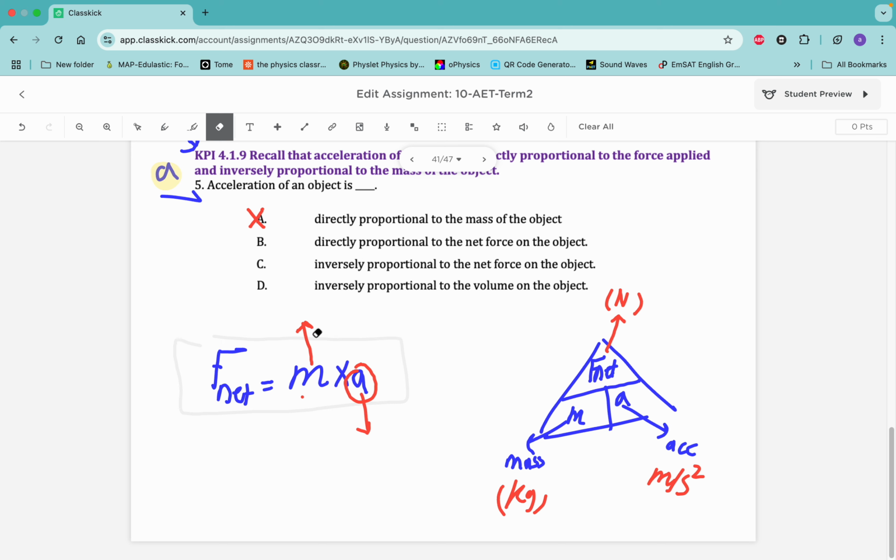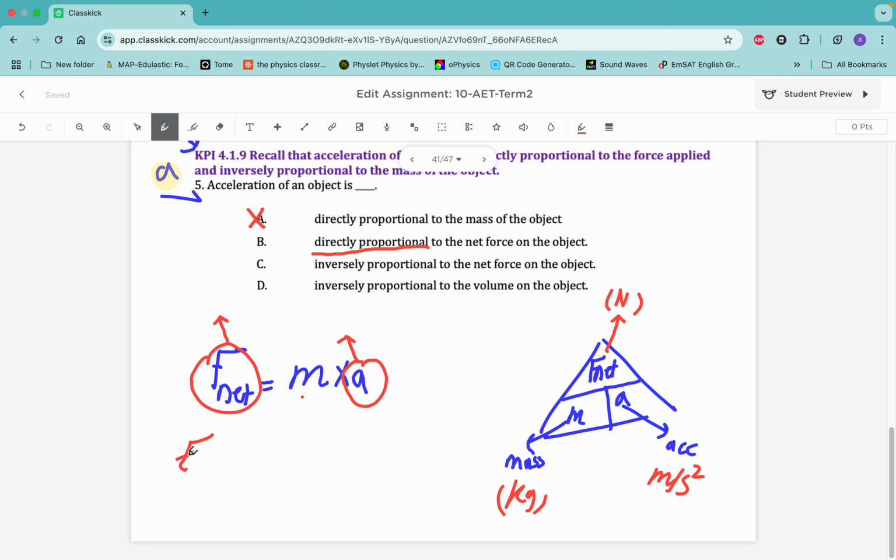So going to this point here, acceleration and the net force, are they directly proportional? Yes, definitely correct. They are directly proportional, which means when we have more force, more acceleration will be caused.